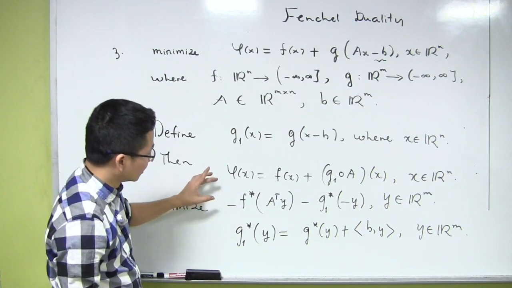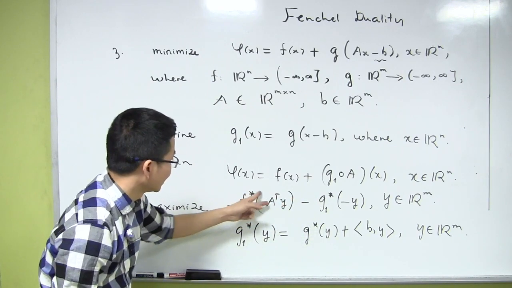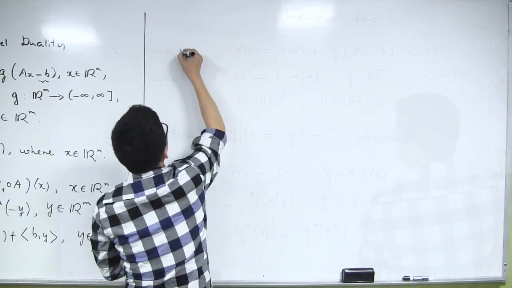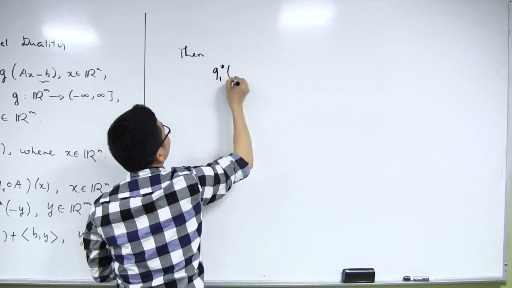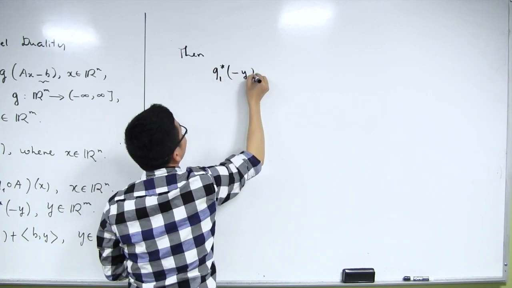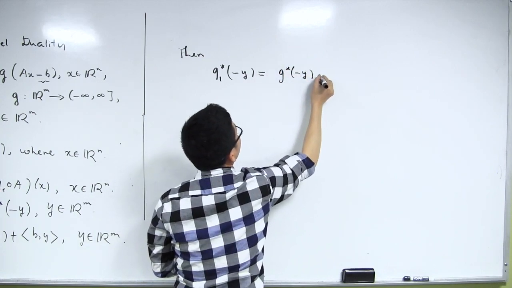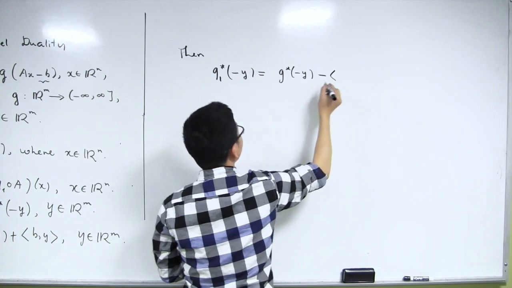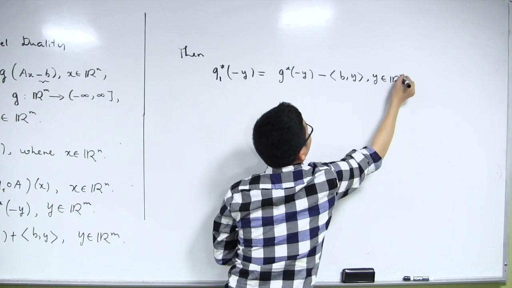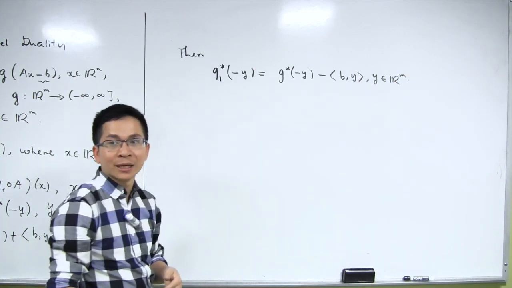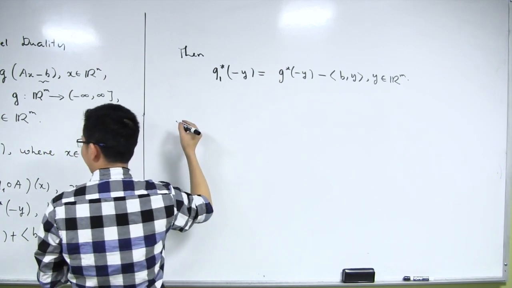So now I'm going to substitute this formula into the problem here and get the following. We can see that g1 star of minus y is equal to g star of minus y minus the inner product of b and y. We just simply replace y by minus y. So the Fenchel dual problem now can be written as follows.